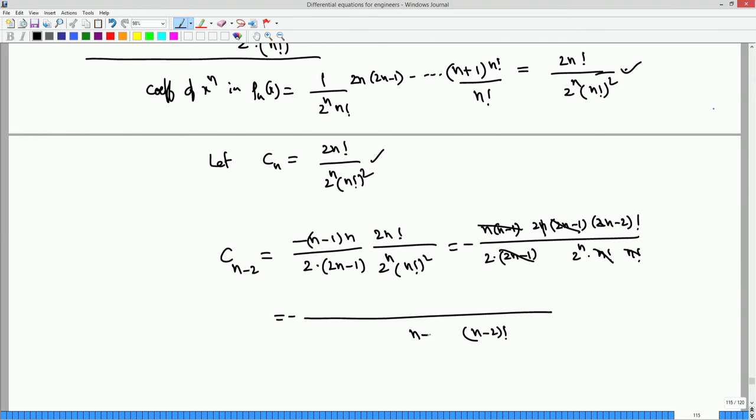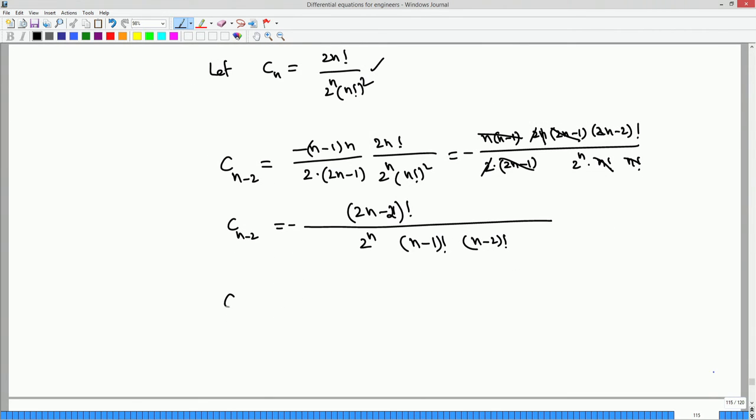So, you get n minus 1 factorial. What you have left is 2n minus 2 factorial into 2 power n, and 2 goes here. That is your Cn minus 2.